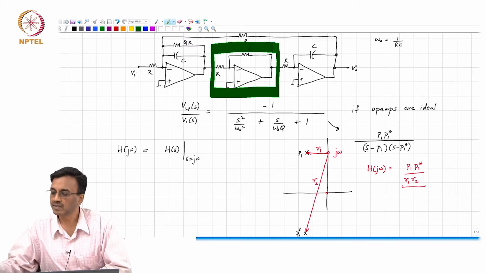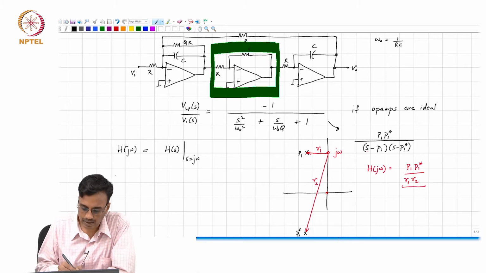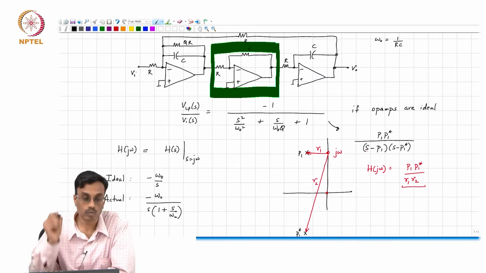If that is the case, then the only difference between the ideal one and the actual one is, remember, the ideal integrator is minus omega naught by S, the actual one is minus omega naught over S times 1 plus S over omega u.